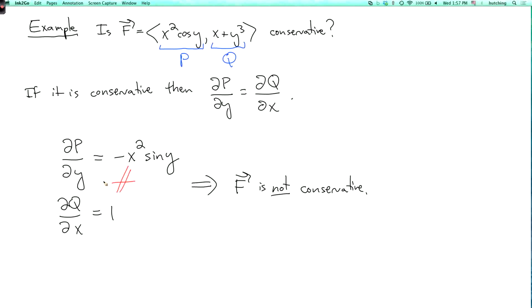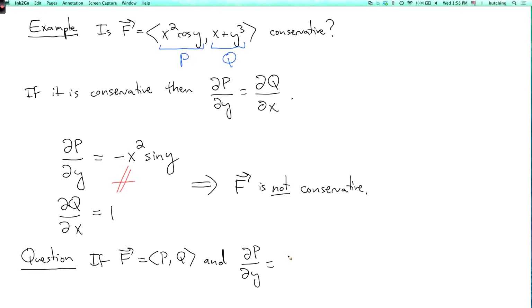Now you could ask the converse question. So if F equals PQ, and if we do have partial P partial y equals partial Q partial x, then must F be conservative?